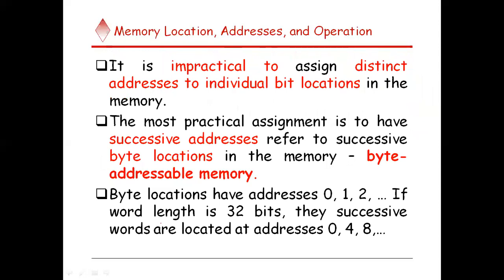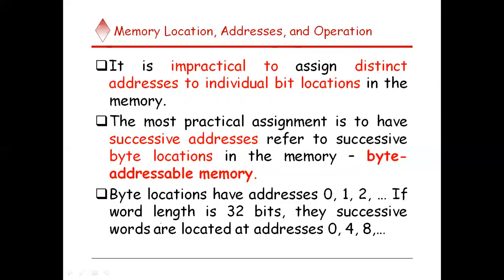And it is impractical to assign a distinct address to every bit of memory. We will have millions of bits present in the memory, so giving a memory address for each bit would be really difficult.